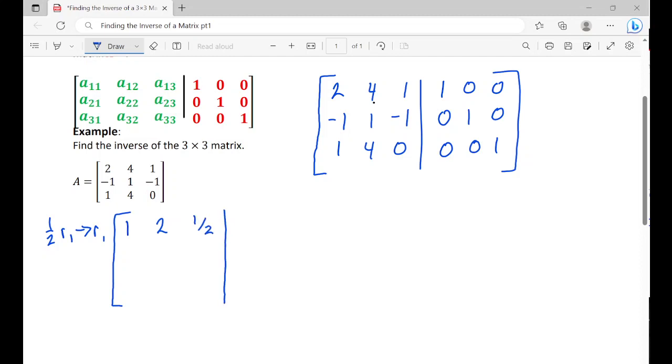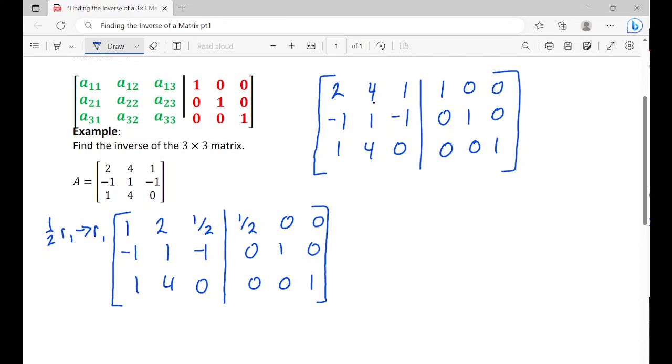And then 1/2 times 1, which is 1/2. And 1/2 times 0 is 0. That means rows 2 and 3 will stay the same, so negative 1, 1, negative 1, 0, 1, 0, 1, 4, 0, 0, 0, 1.